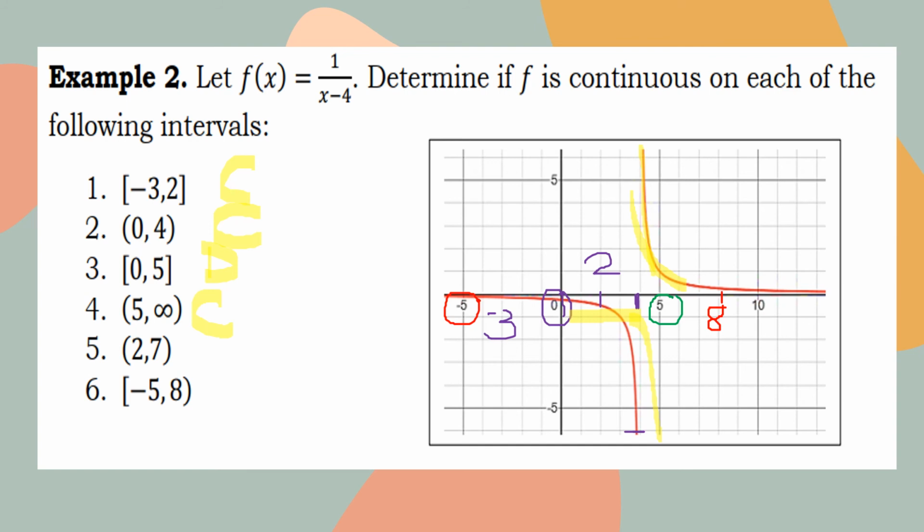Obviously not, because it shoots down. How about 2 and 7? From 2 going to 7, still, it does not exist. We can see it in the graph.